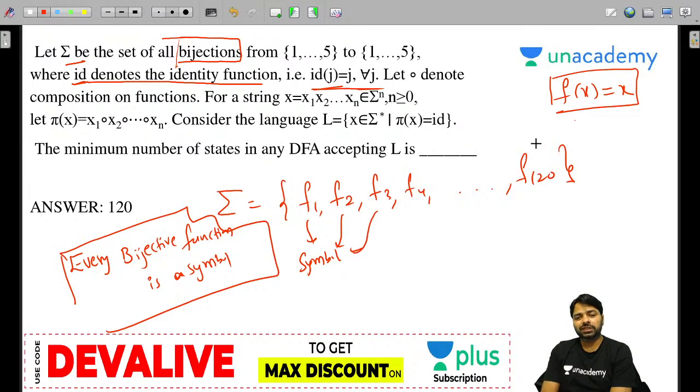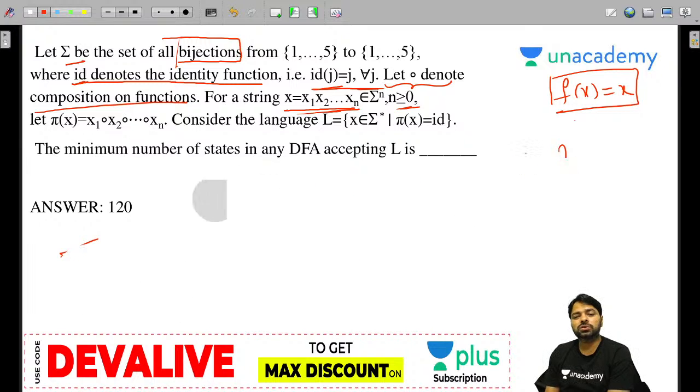And he is using composition. Let circle be the composition of functions. If you have any string x1 to xn that belongs to sigma power n, this is called a composition.